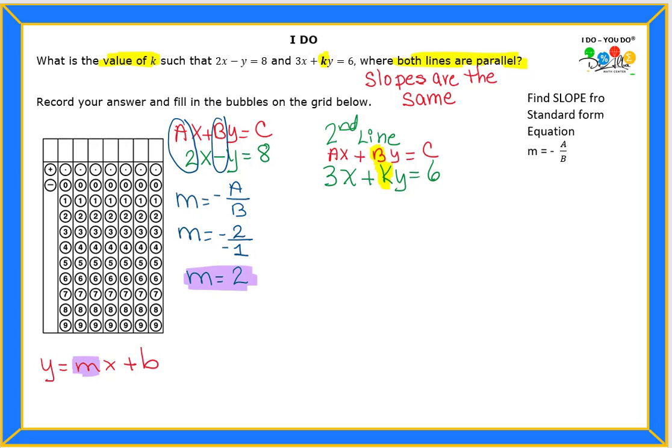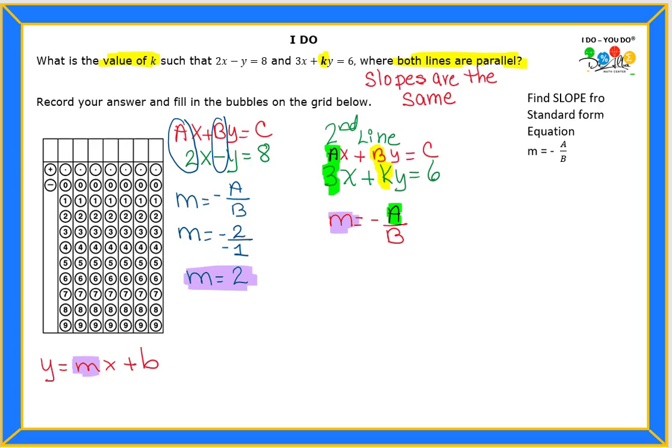I know that in my equation, it can help me find b because my little formula says that we need to divide negative a over b. And I do know m. m is equal to 2. And I do know a. a is the number right next to the x in this one, which is 3.